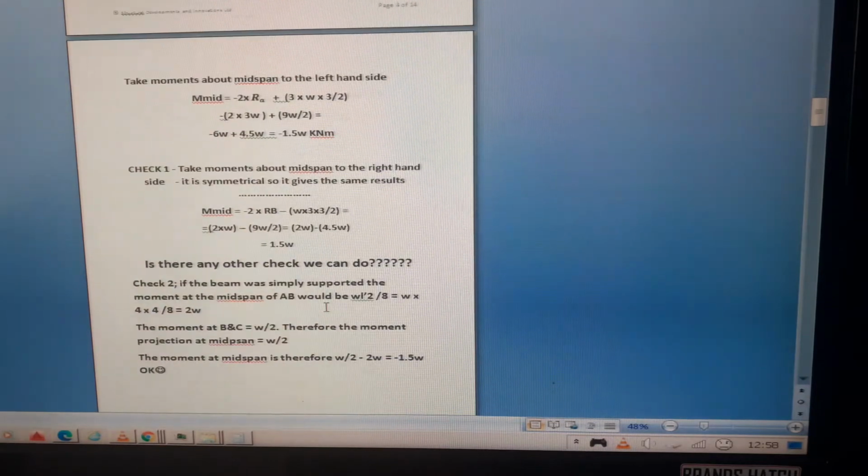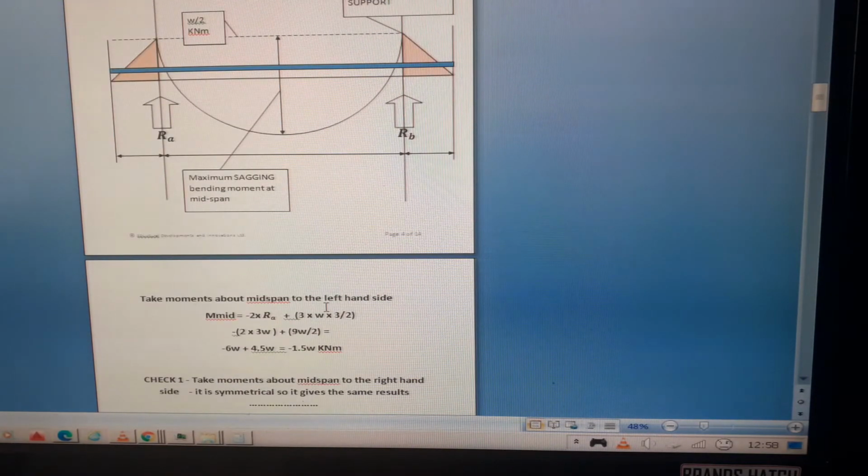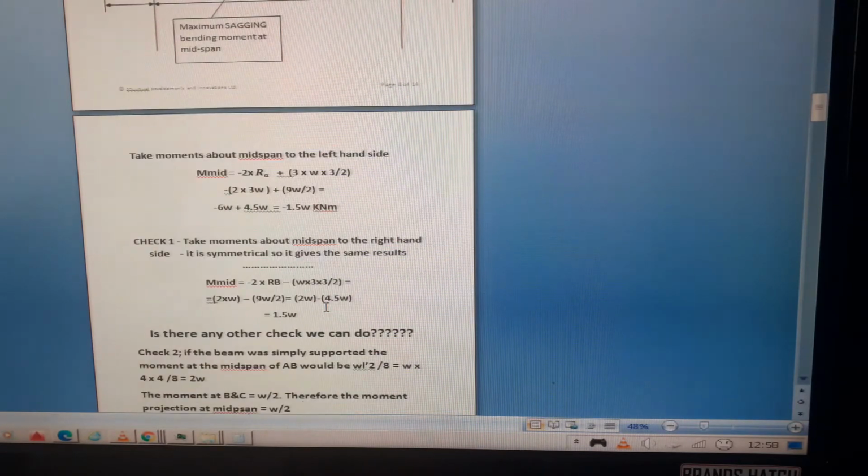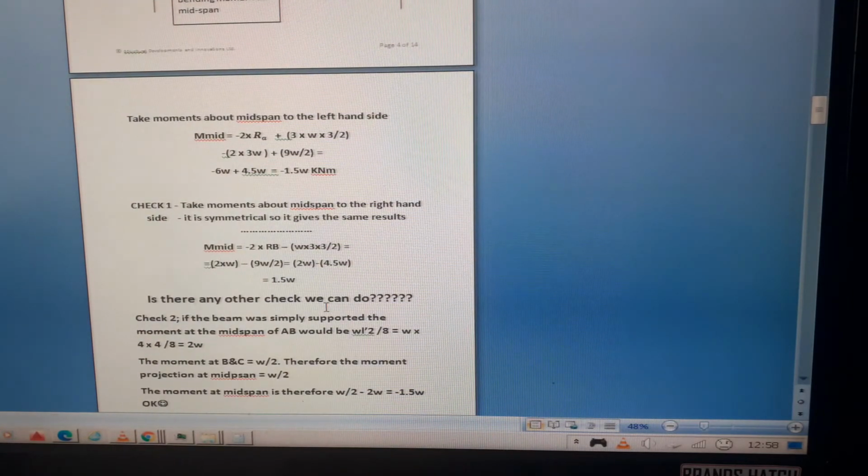So let's just imagine that the beam was simply supported without moments at the ends. So then the moment in the middle would obviously be WL squared over 8, which would be W times 4 times 4 divided by 8, which is W times 16 over 8, which is 2W.